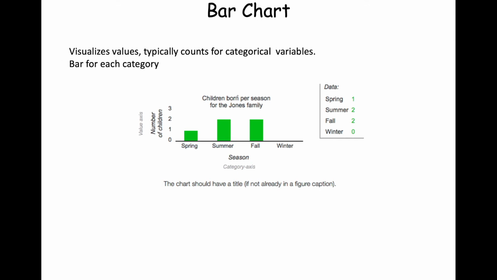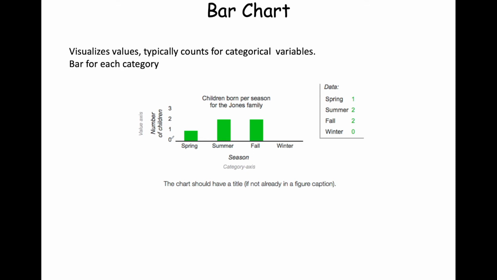And so if we look at the data, we have one child was born in spring, 2 in summer, 2 in fall, none in winter. Along the horizontal axis, we have the categorical variable for season, taking on category values: spring, summer, fall, winter, our seasons. And along the vertical axis, we have our counts. Those are numerical values. They are discrete, quantitative values.